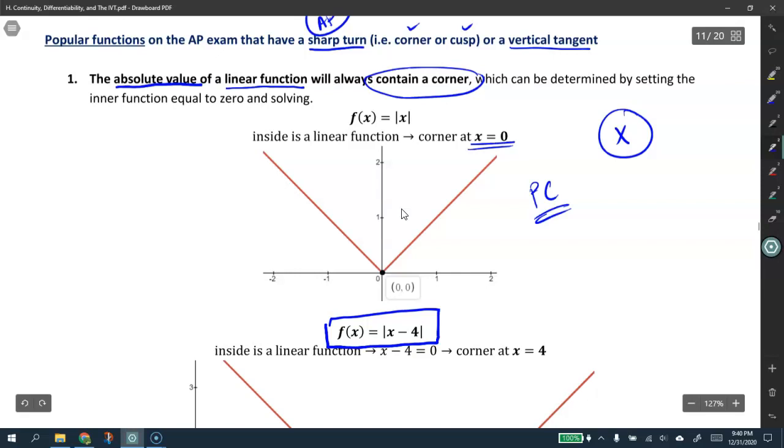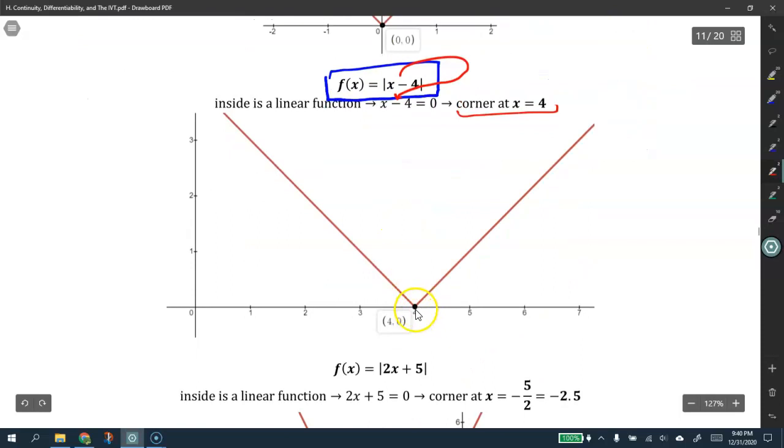And all you need to do to find that corner is set the inner function equal to 0. All right, that's the secret. And if you solve it, it'll tell you exactly where that is. So even if you don't know what the graph looks like, just take the inner function, which is x minus 4, set it equal to 0, and it'll tell you where the corner in that graph is. And if you take a look, that's exactly where the corner occurs.